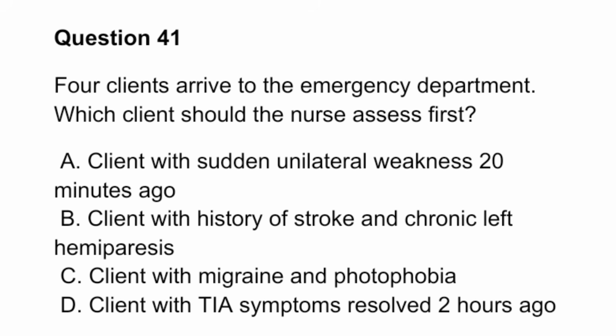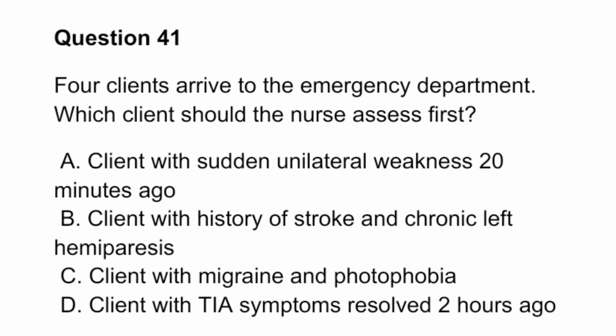Question 41. Four clients arrive to the emergency department. Which client should the nurse assess first? A. Client with sudden unilateral weakness 20 minutes ago. B. Client with history of stroke and chronic left hemiparesis. C. Client with migraine and photophobia.